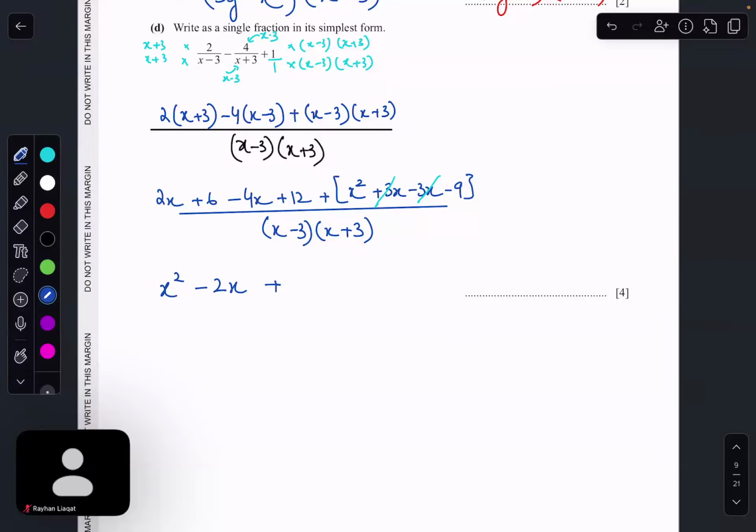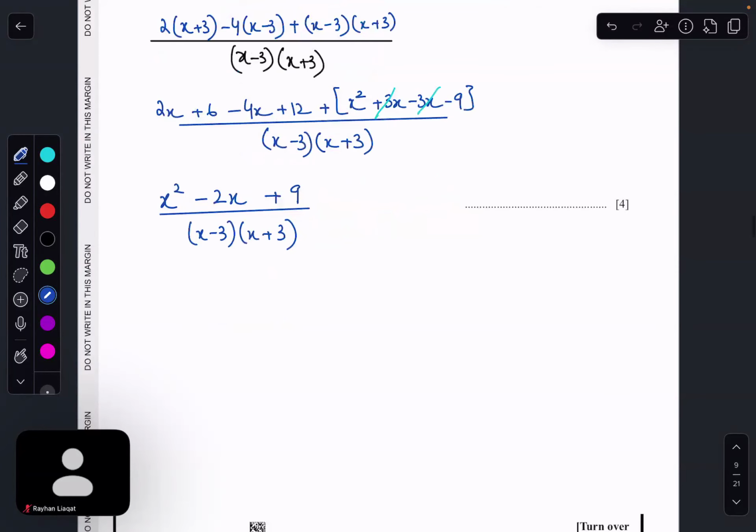And then 12 minus 9 is 3, and 6 plus 3, that is 9, positive 9, divided by x minus 3 and x plus 3. Okay, that's your answer. Ismail, did you skip any step?